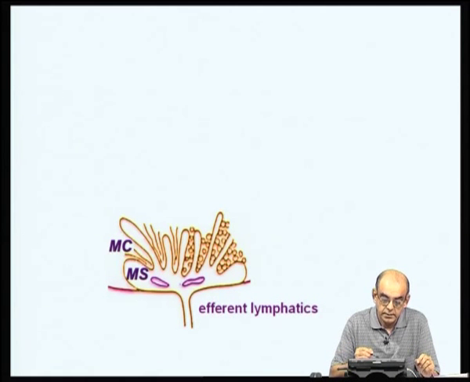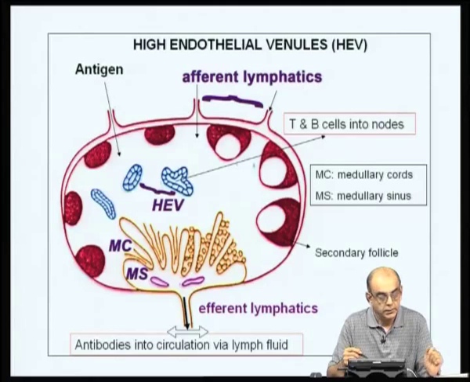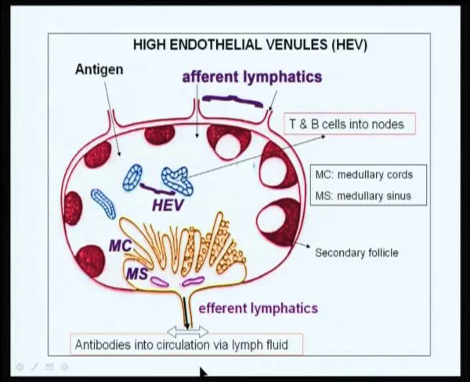So, you see that if you look at the overall structure of the lymph node, you see how the antigen is entering the lymph node via the afferent lymphatics, as shown over here by these arrows.